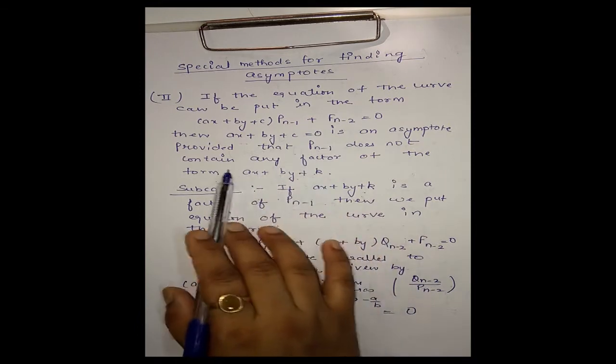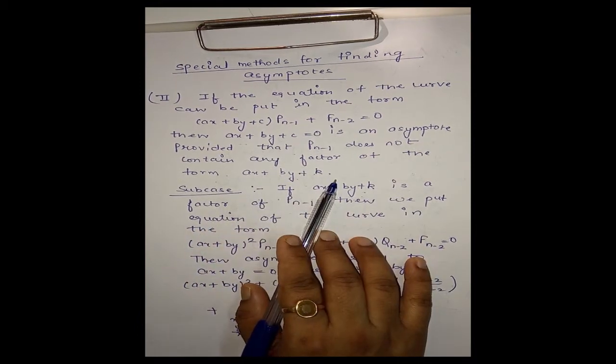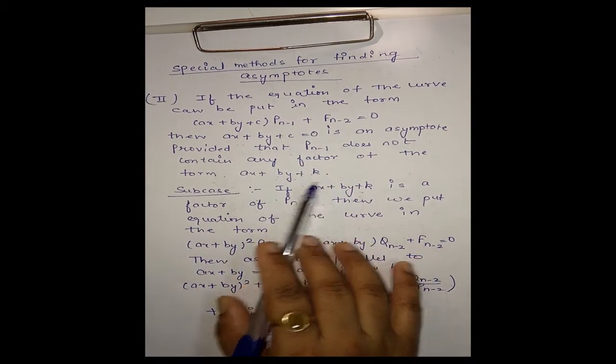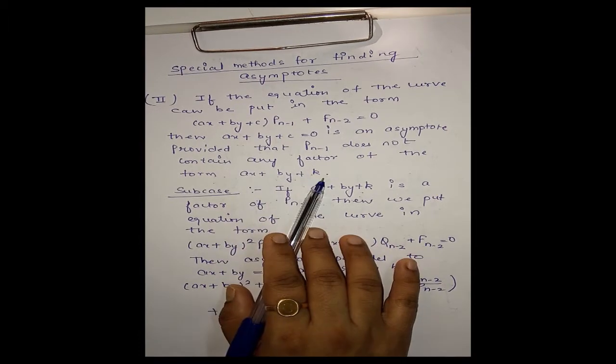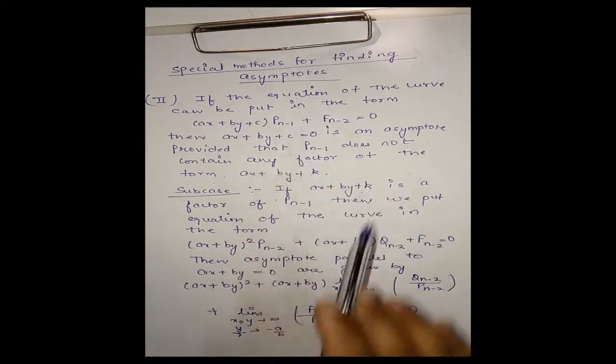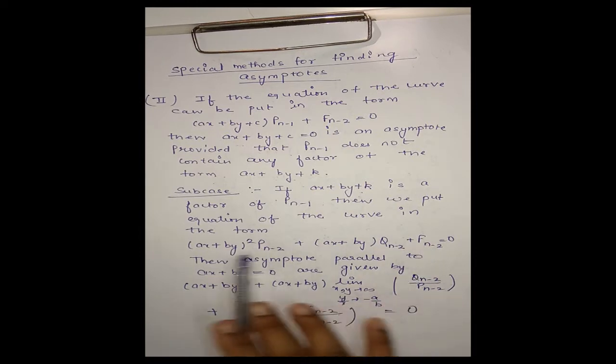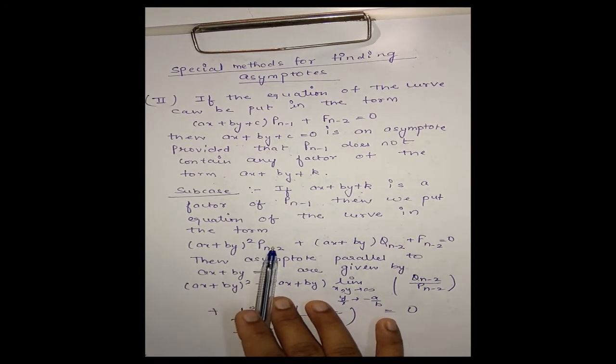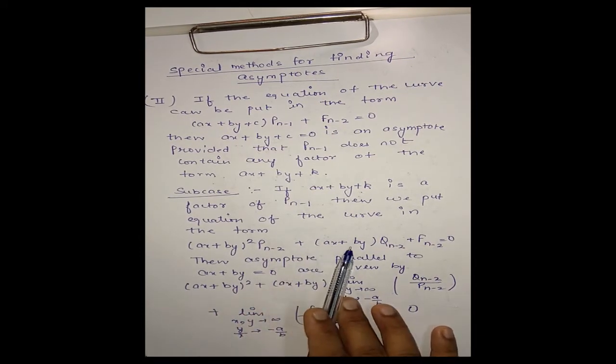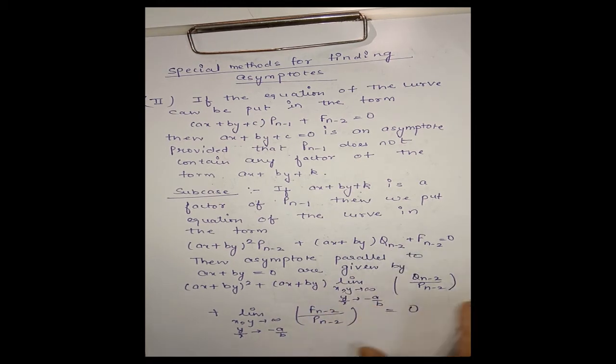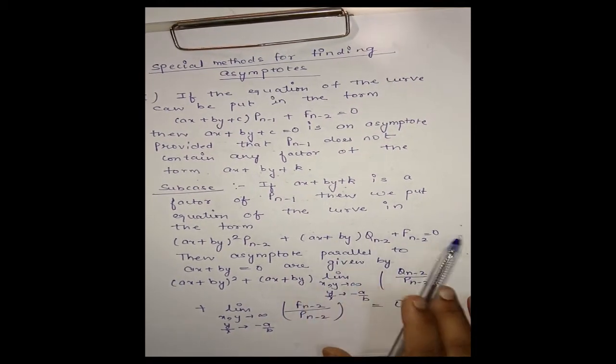does not contain any factor of this form. Or if it does contain a factor of this form, then we rewrite our equation as (ax + by)^2 P_{n-2} + (ax + by) Q_{n-2} + F_{n-2} = 0.